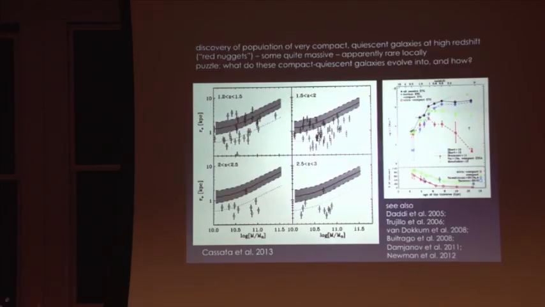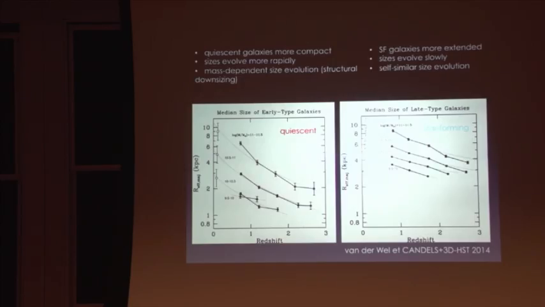So the question that arises here is, how do these things evolve so much in size without evolving much in mass? Because if they evolved a lot in mass, they would be more massive than any galaxies that we see in the local universe. There was a very nice study led by Arjen van der Wel with the CANDELS team and the 3D-HST team, studying the size evolution for quiescent galaxies.